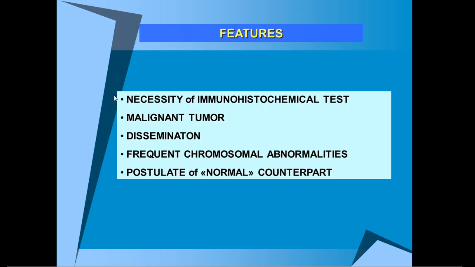Each tumor from the group of hemoblastosis needs to be diagnosed by an immunohistochemical test. To make an accurate diagnosis, we need to use a level deeper than just tissue. We need to use the molecular level. Right now we see all these features in examples of tumors.